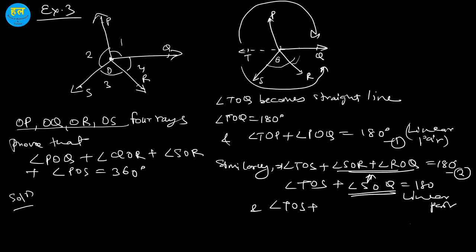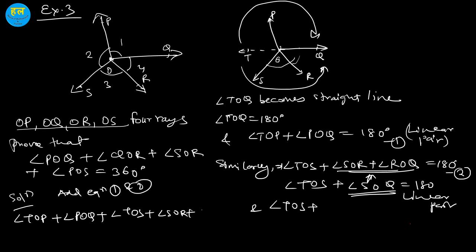If we add equations 1 and 2, we get angle TOP plus angle POQ plus angle TOS plus angle SOR plus angle ROQ is equal to 180 plus 180. See here, this is the imaginary line.